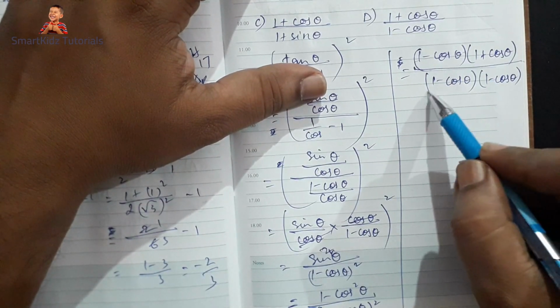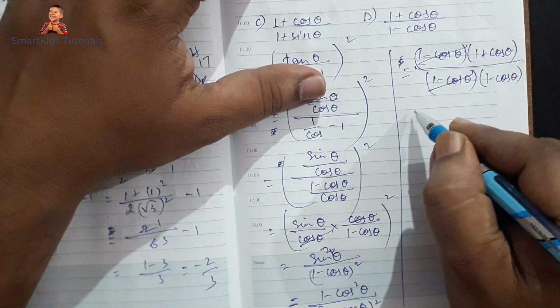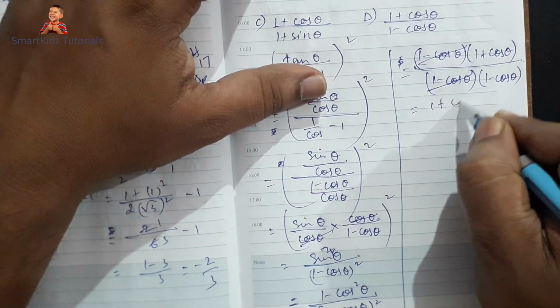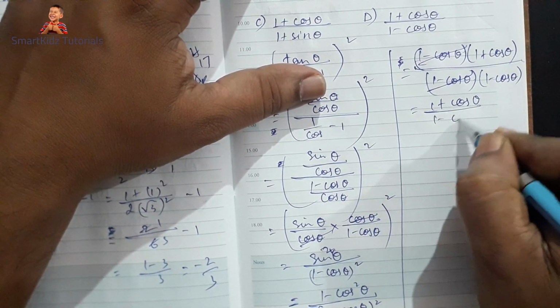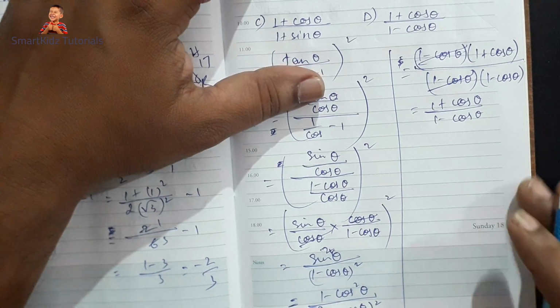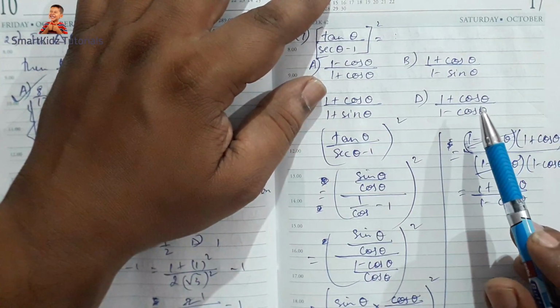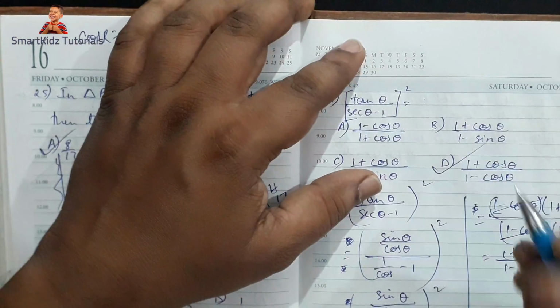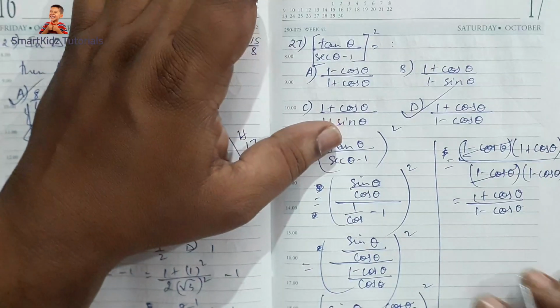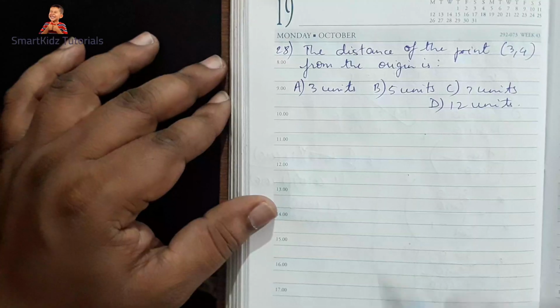If you have a look, 1 minus cos theta is in the numerator and the denominator. We cancel that, and we'll be left with 1 plus cos theta upon 1 minus cos theta. If you have a look over here, it should match with D. So D is our correct option for this question.